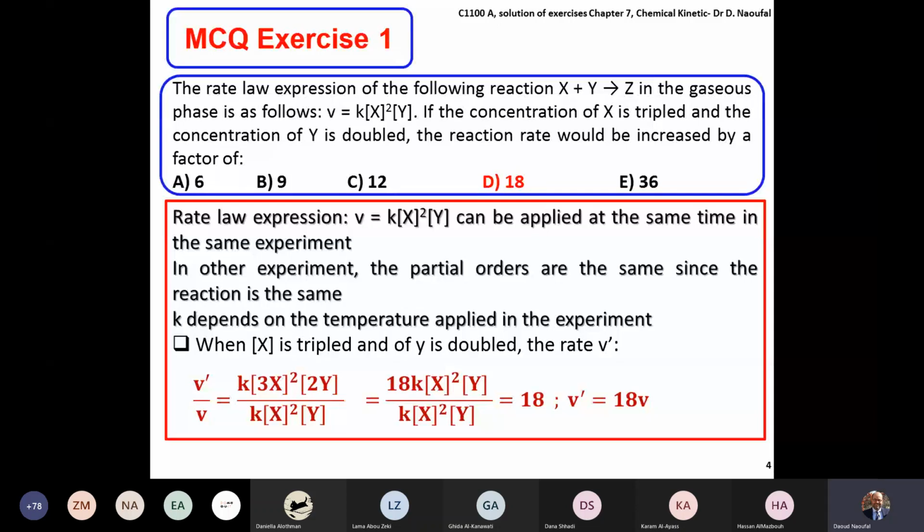So I can compare only the rates at t equals 0. And the initial rate, when you double Y and triple X, increases by a factor 18. The answer is D.